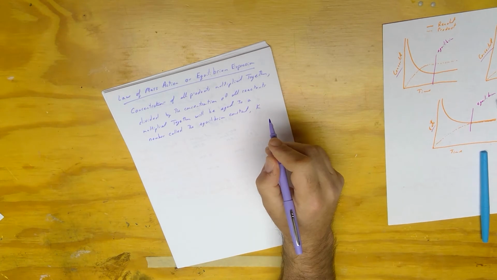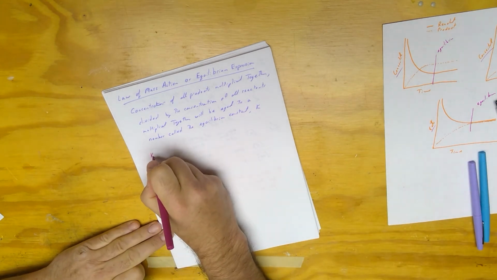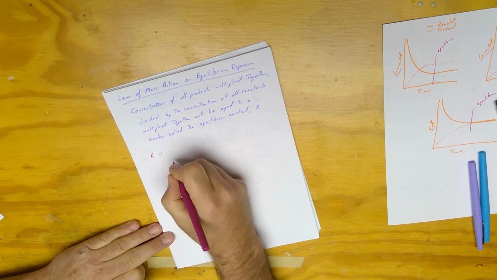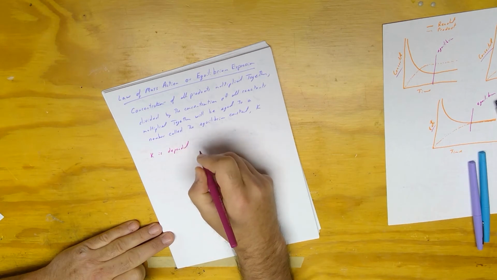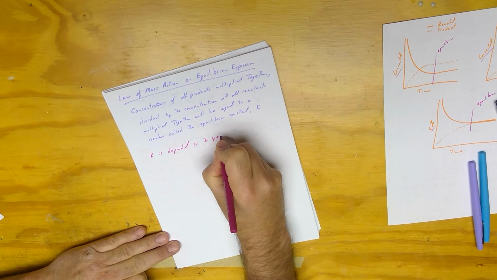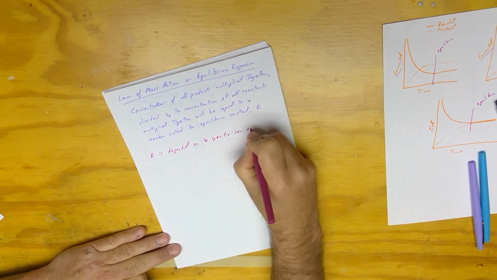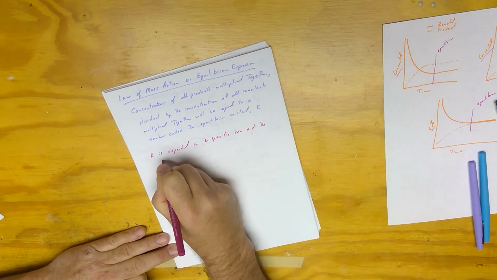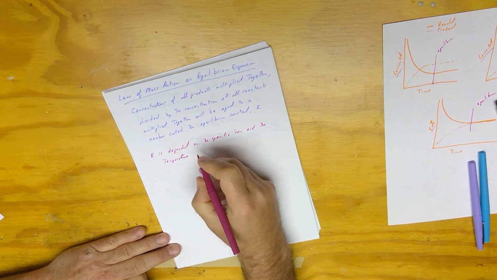Okay, we have rate constants. This is going to be an equilibrium constant. Now, K is dependent on the specific reaction and the temperature at equilibrium.